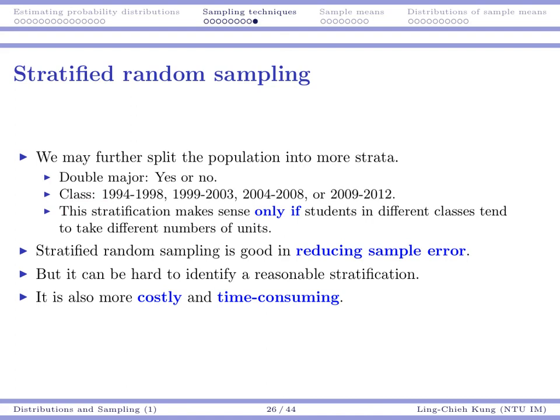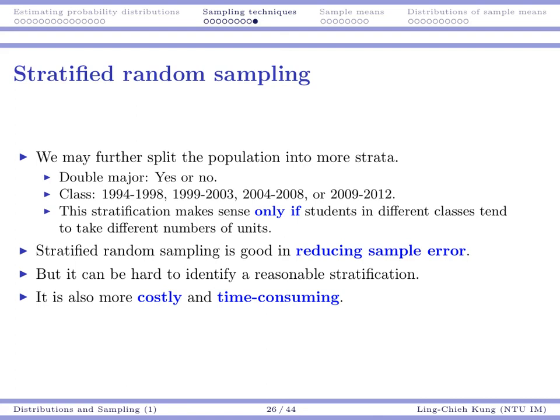But of course, when we do this, we need to make sure that that really has some impact. Otherwise, we're simply doing some useless effort. Also, we hope that after all the separation, each class should still contain enough values. Otherwise, it's going to destroy the property of random sampling.